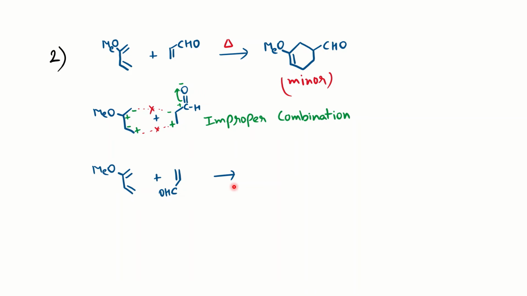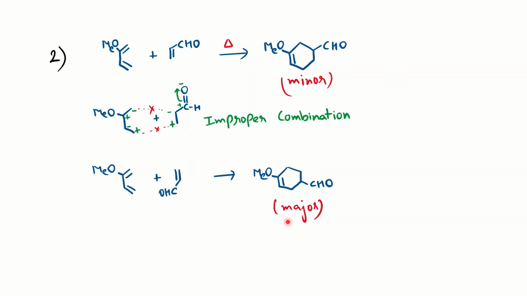Improper combination. Now if you write on the other side, CHO you are writing towards the diene, so that you are showing the endo approach, where you have the secondary orbital interaction of this CHO group with the diene to stabilize the transition state. Now if you do so, you are having the 1,4 disubstituted product, which is a major product here.